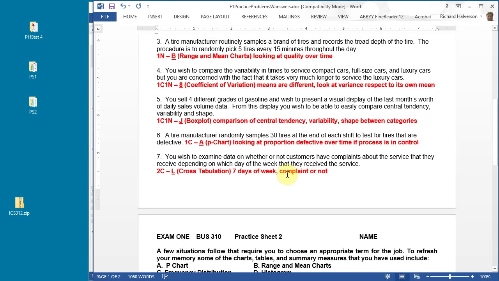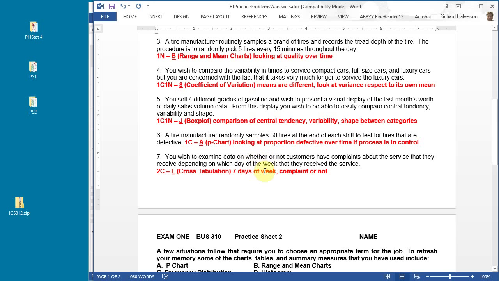And number 7 here is you wish to examine data on whether or not cars have complaints about service depending on the day of the week. So we've got 2 categories. We've got complaining customers and non-complaining customers, and we've got, I guess, probably 6 days of the week.